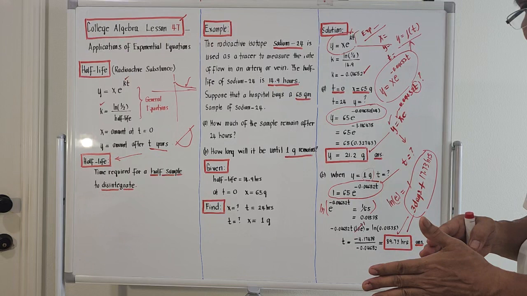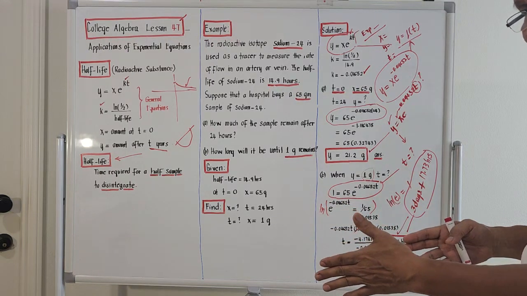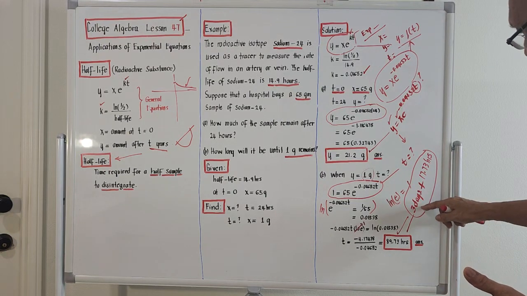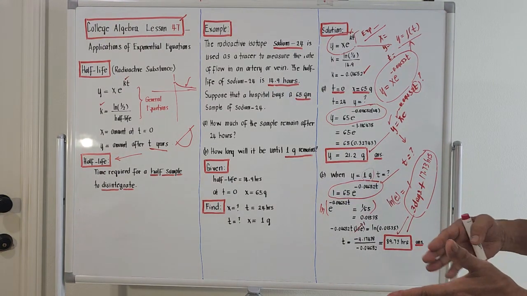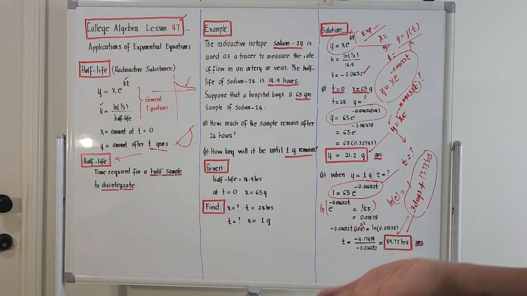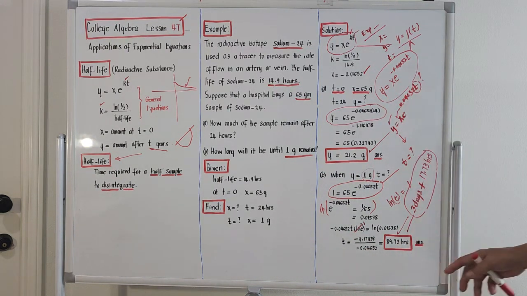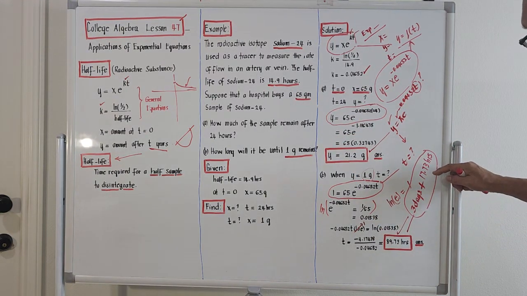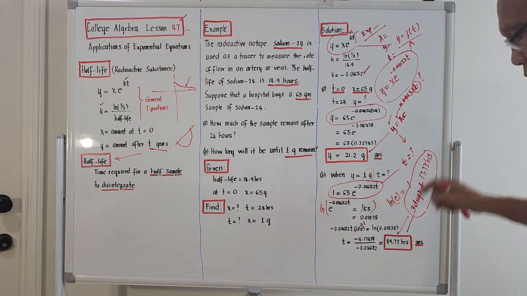It will not last beyond 3 days and 17.73 hours, because after 4 days maybe it's gone. But the problem is only asking after 1 gram will remain, and the total time that will elapse is just 3 days and 17.73 hours.